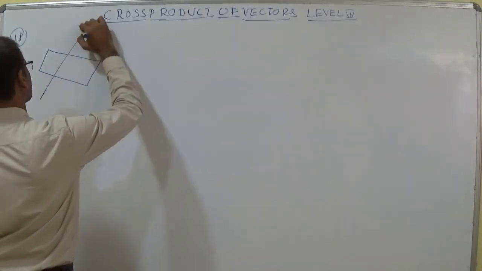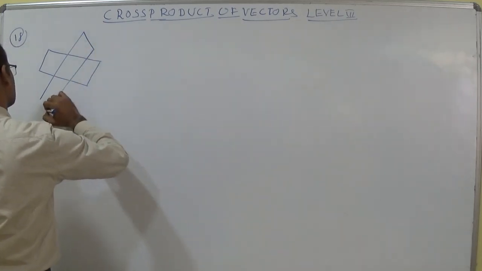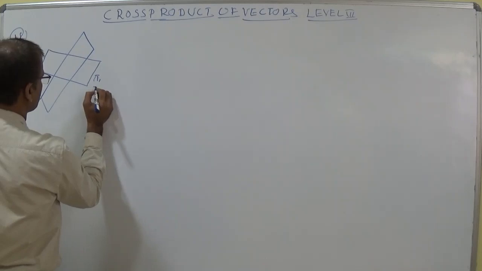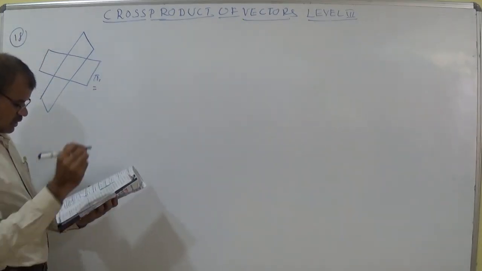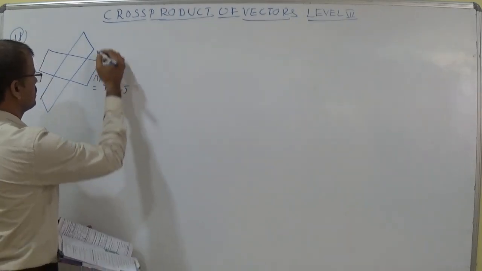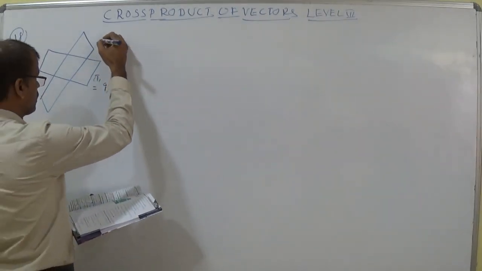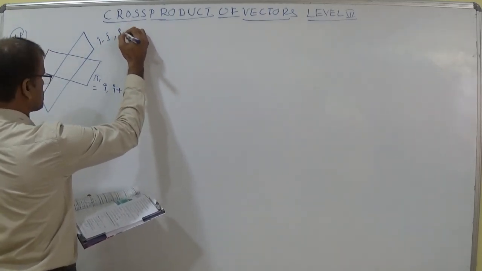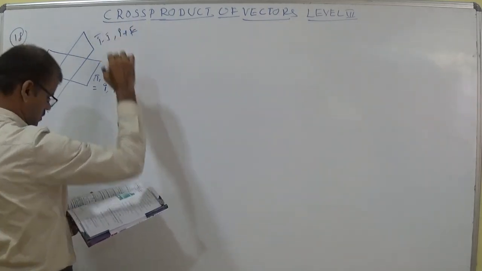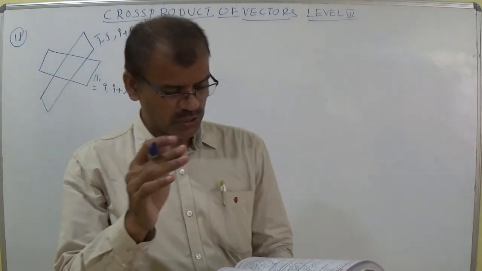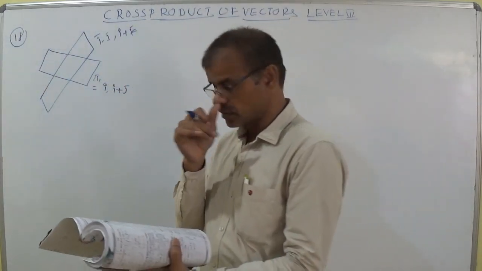Let the first plane be phi 1, determined by the vectors i, i plus j. The second plane is determined by the vectors i minus j, i plus k. A non-zero vector a bar is parallel to the line of intersection of the planes.